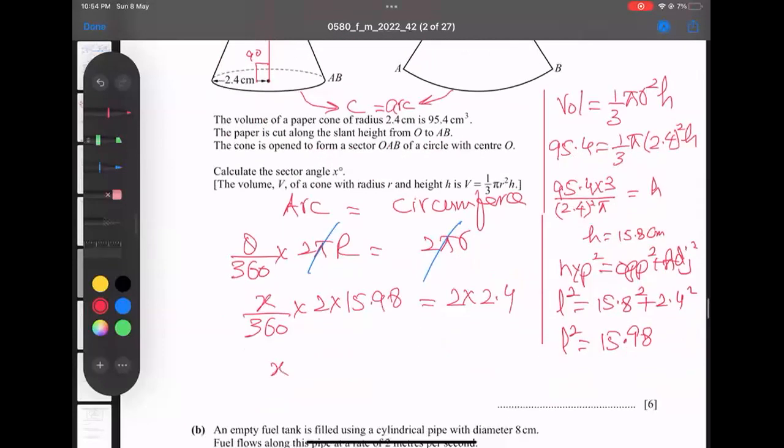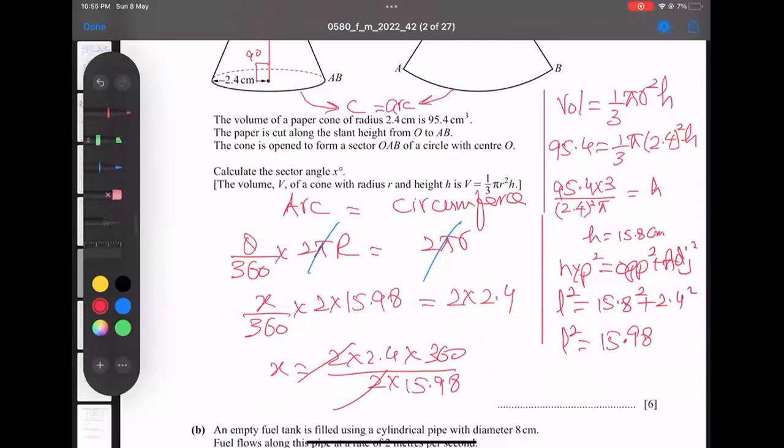Now making theta the subject: 2.4 times 360 divided by 15.98, and the 2s cancel out.